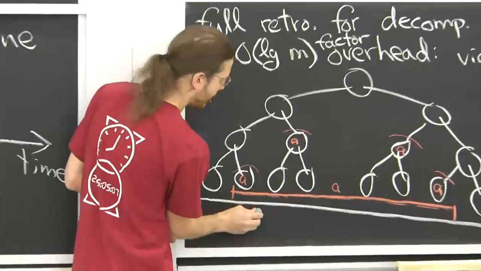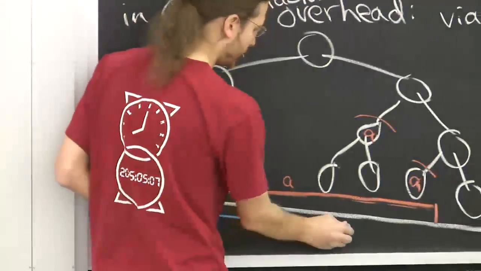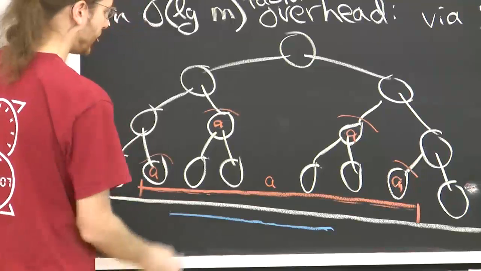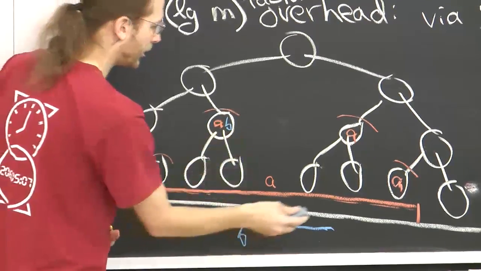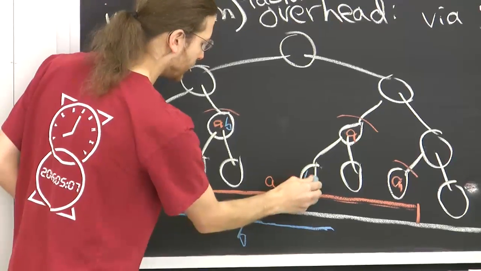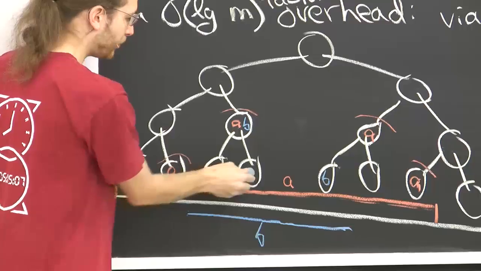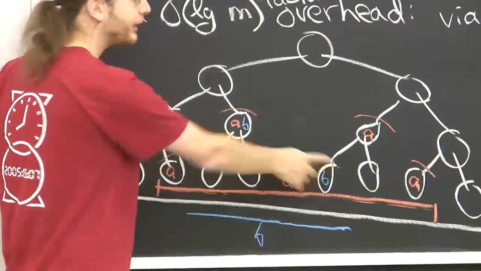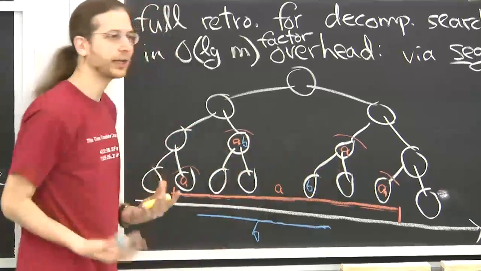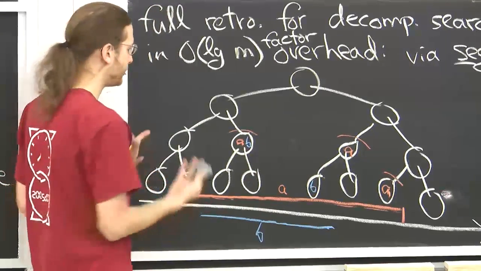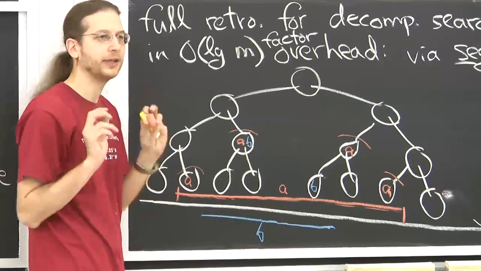So maybe I have an element from here to, I don't know, here. Then I'm going to call that element B. Then I'll put B here, and I'll put B here. So always putting it as high as I can. I don't want to put B or A in all the leaves that it appears in, because that would be a linear number of leaves. If I do it like this, there are only log n subtrees I care about, representing the interval as the union of log n subtree-aligned intervals.